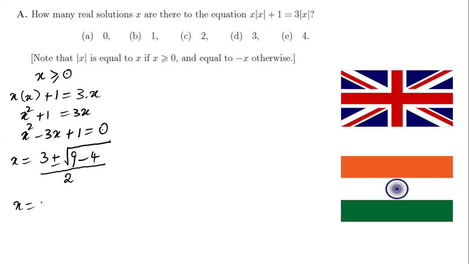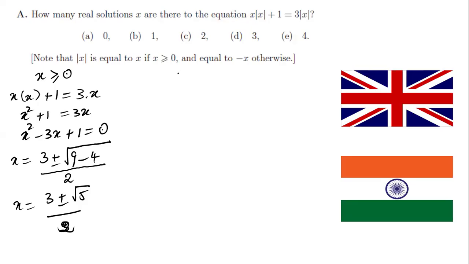So x is going to be 3 plus or minus root of 9 minus 4, 5, over 2. So here we have two solutions: 3 plus root 5 over 2, or 3 minus root 5 over 2. Both are positive values, so x is greater than or equal to 0. So both are positive values, and this validates our answers.